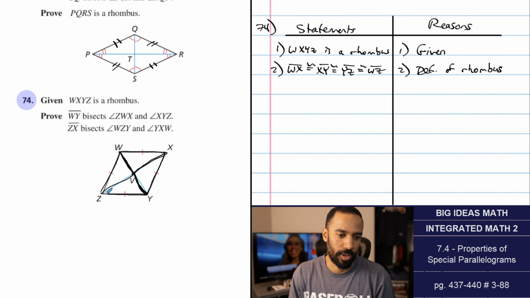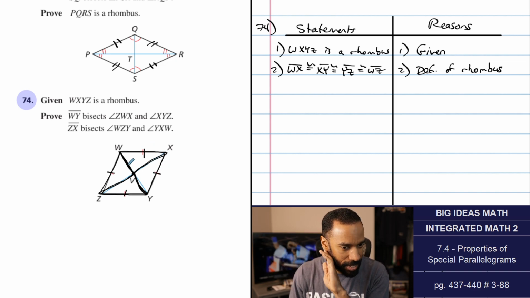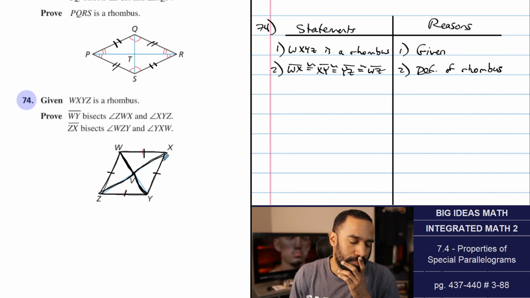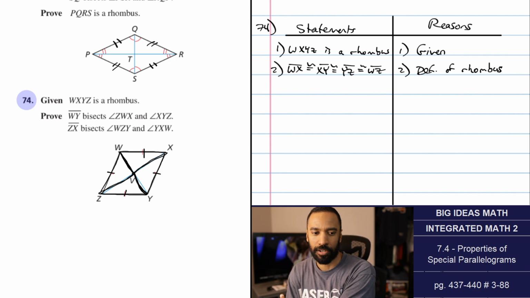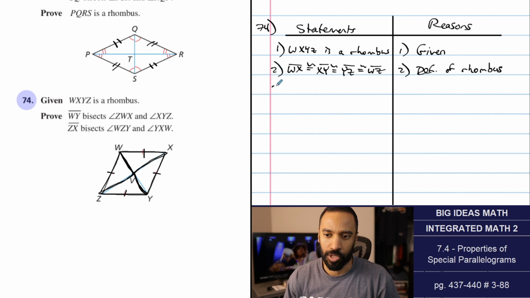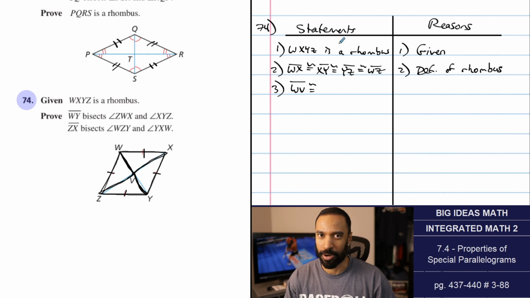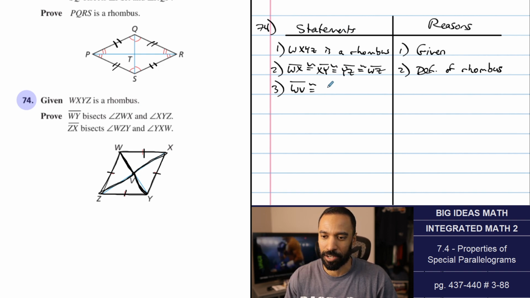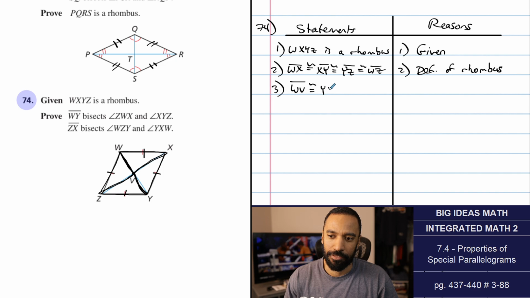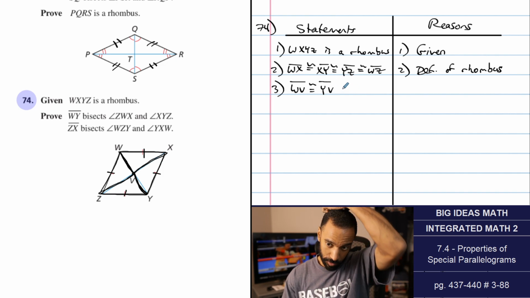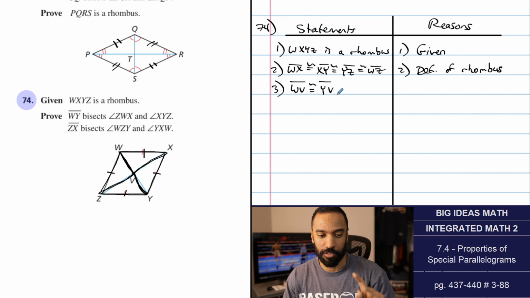So here's what we'll do. We have to prove all four are congruent. We have markings here. I'm just trying to decide if we can do a side one. So diagonals bisect each other as well. All right, so they're not all congruent, they bisect each other. So WV is congruent to YV. I don't know if I have to say it's a parallelogram because a rhombus is a parallelogram, but I'm just going to say that diagonals bisect each other, because it's true of a parallelogram.